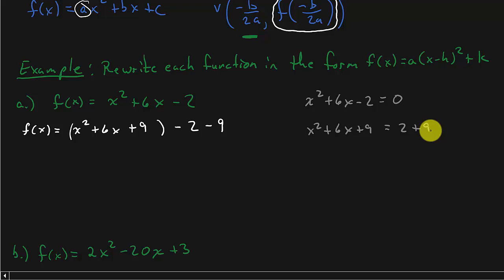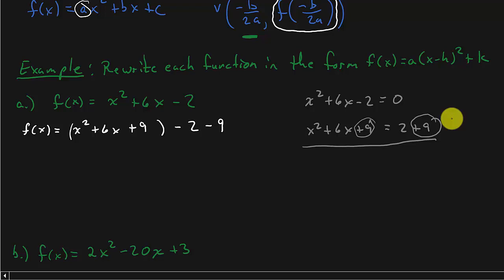So you might be wondering, why am I subtracting this 9 here? Well, if you notice in this problem over here, you're going to the other side of the equal sign. So if you add the 9 on this side, you have to also add the 9 on this side.